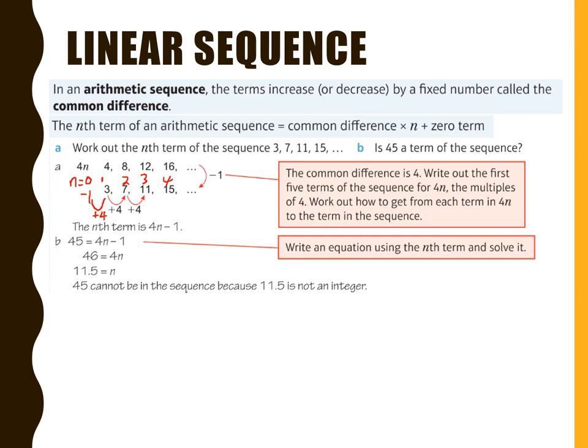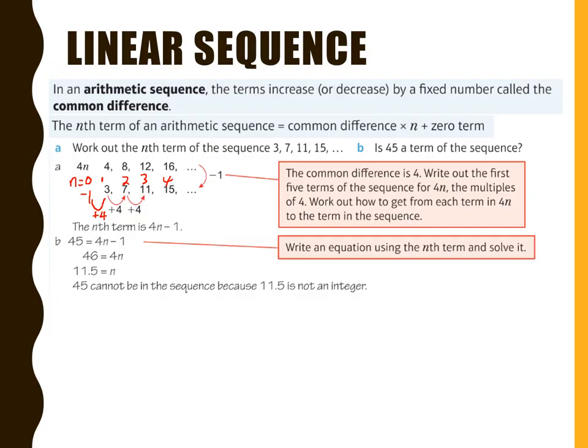When I say that, I'm assuming n is 1, because with 3, n is 1. So if I substitute 4 times 1, I get 4. So 4 plus or minus what gives me 3? Well, in this case, it's minus. So my answer would be 4n minus 1. Without having to work out the 0 term, I straight away know from the first term.